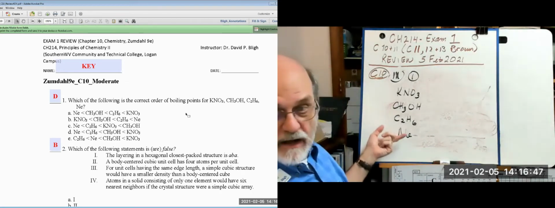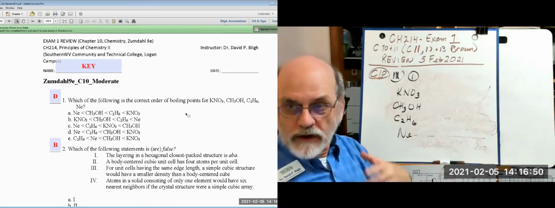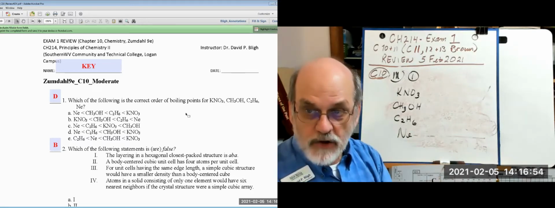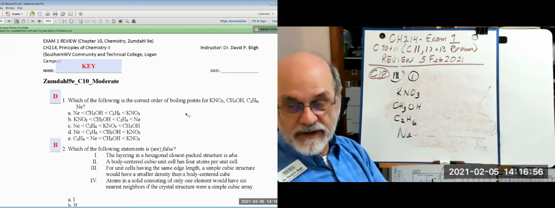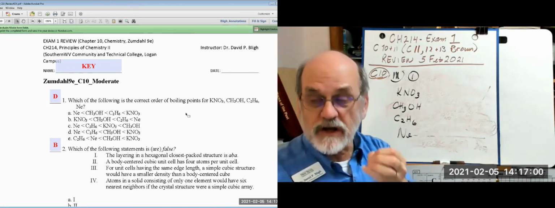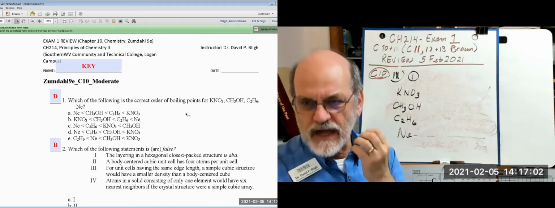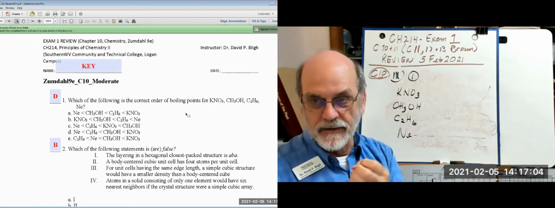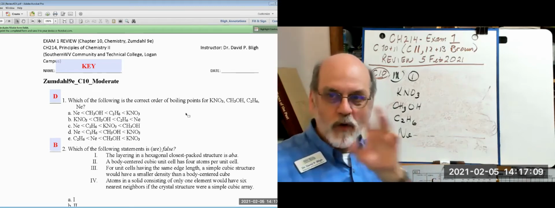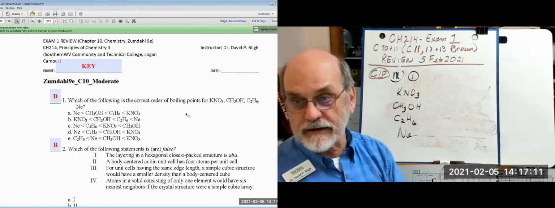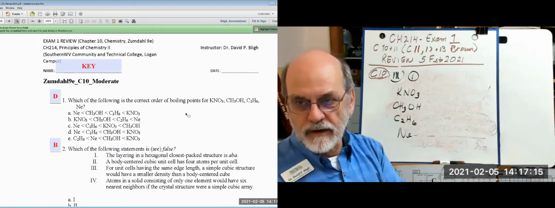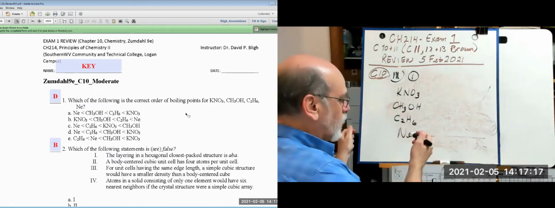right? It's not a compound, so the only forces it has available for bonding are London dispersion forces. But not only that, it's a single atom, so the expression of London dispersion forces is exceedingly weak, right? The larger the atom, the more opportunity you have for redistribution of electron density. And neon being pretty small, it's going to have the lowest boiling point.